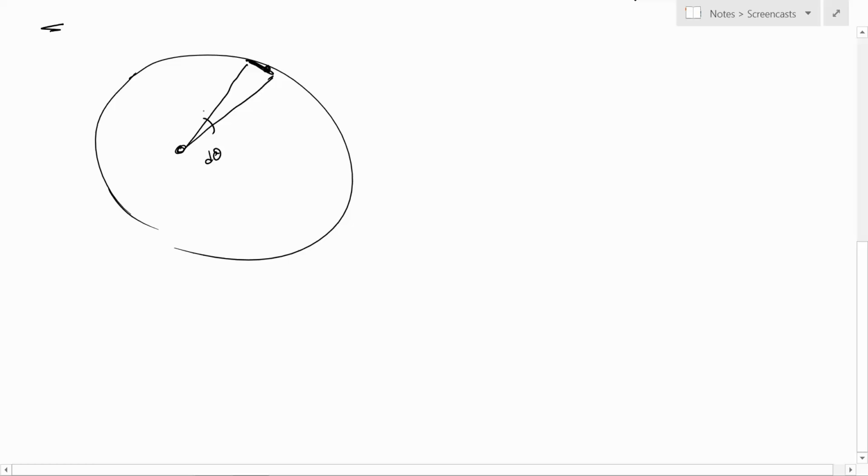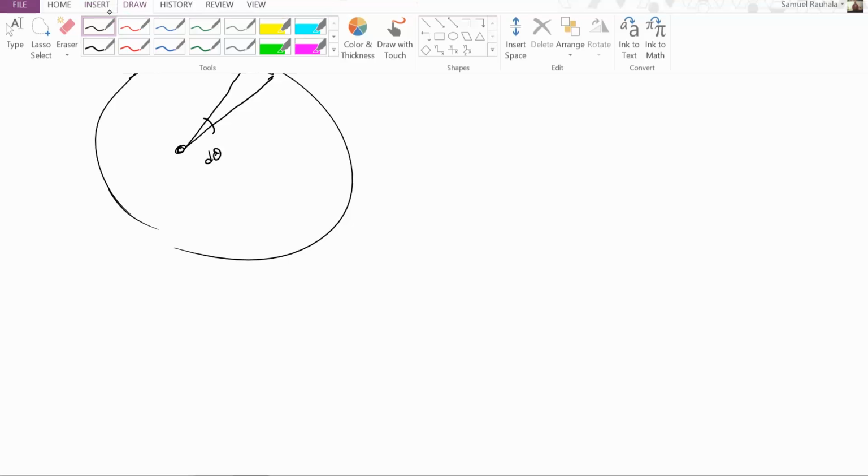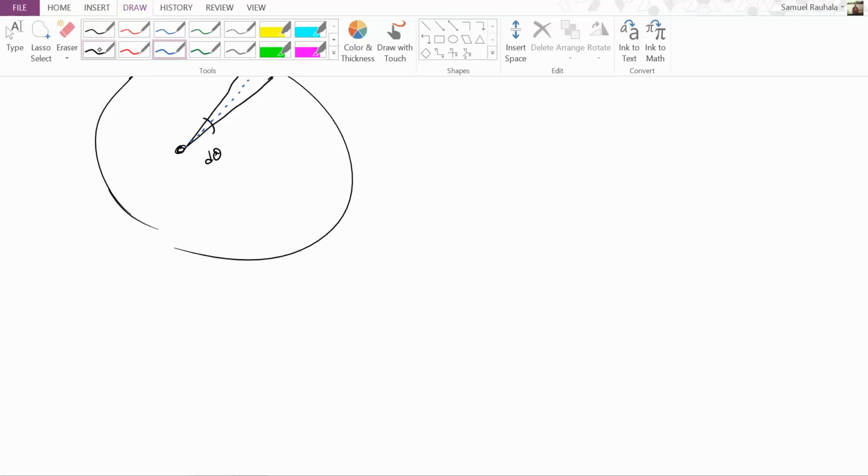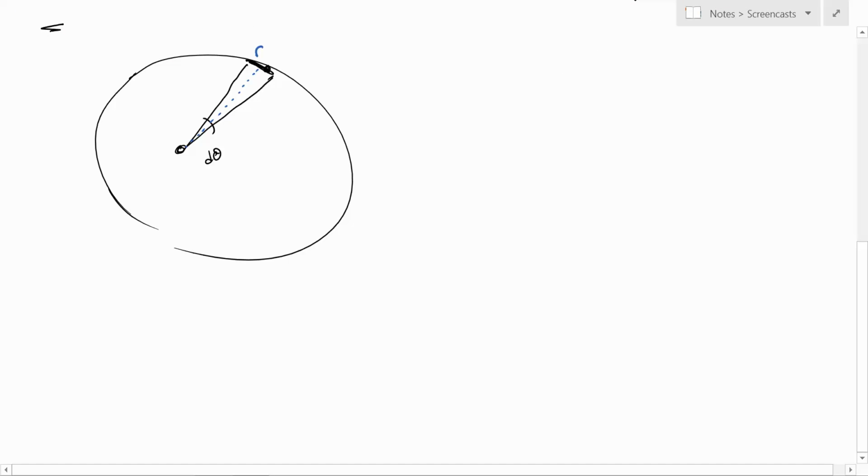This angle is so small that the distance along the middle of this triangle is what we're going to call r, and it stays r, even though that's physically impossible. I'm also going to say that this bit at the end is then r d theta.